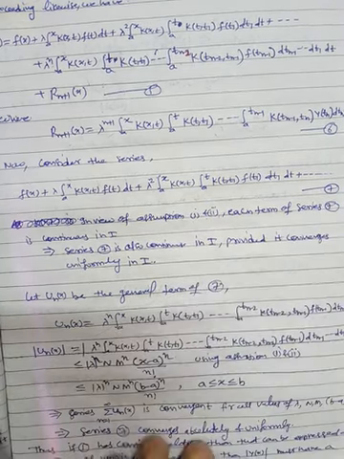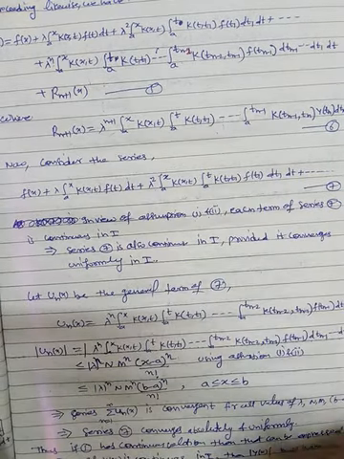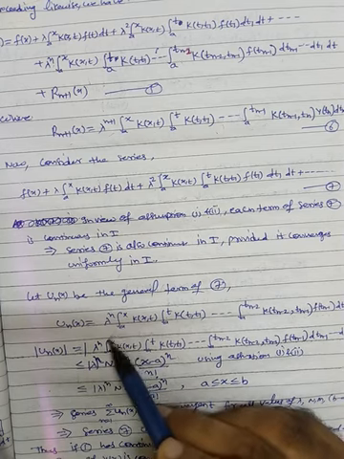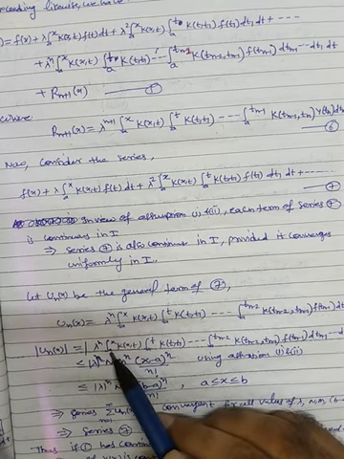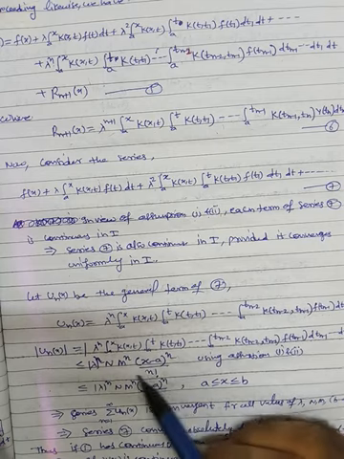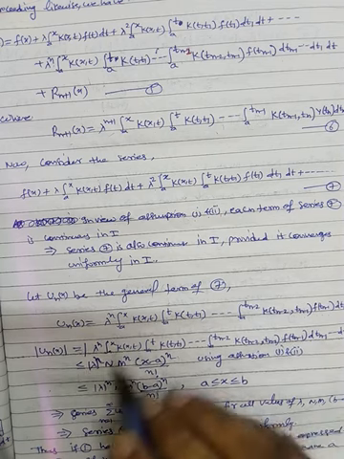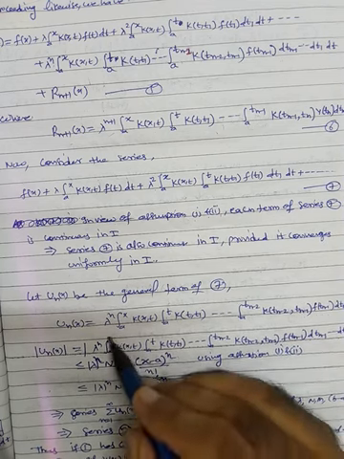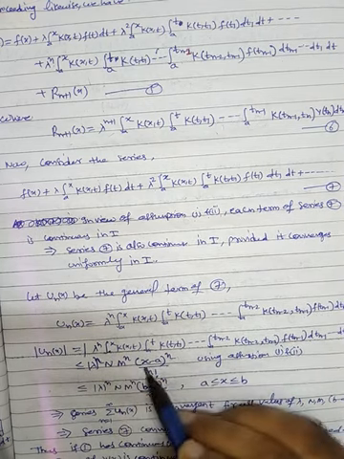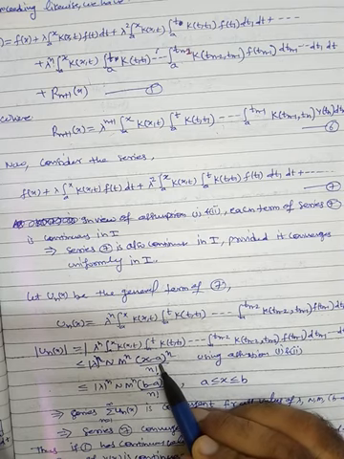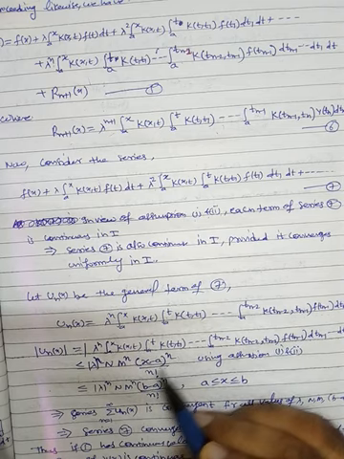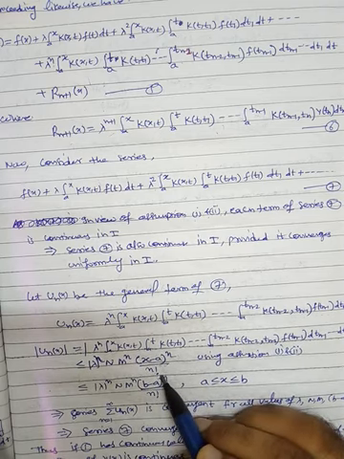After solving all the integrals, because the last integral involves x and a, after solving the limits we will get (x minus a) raised to the power n divided by factorial n.